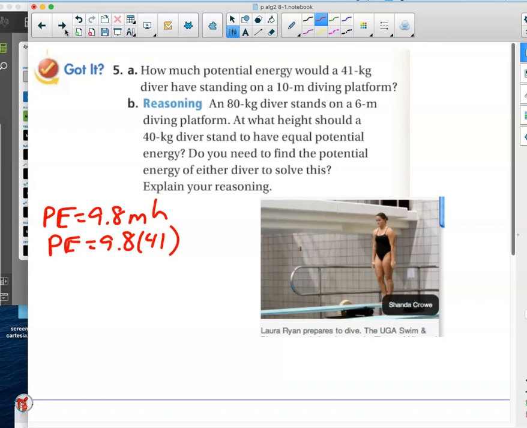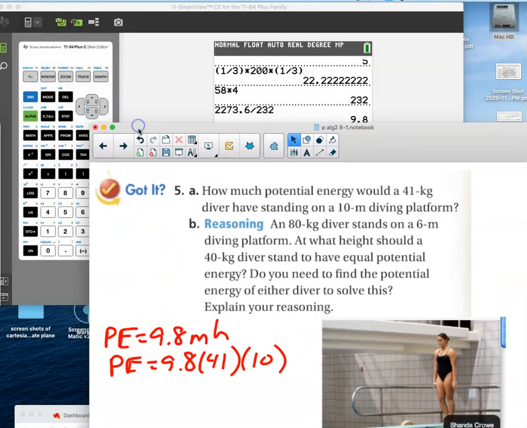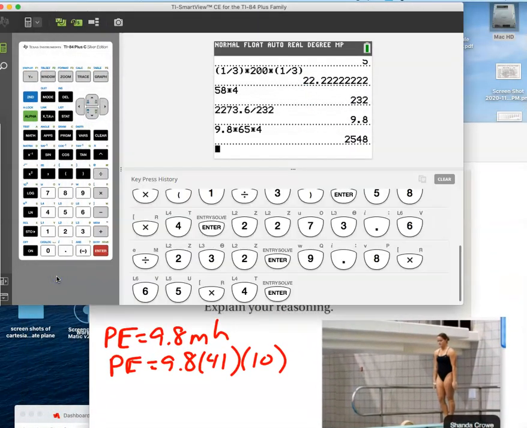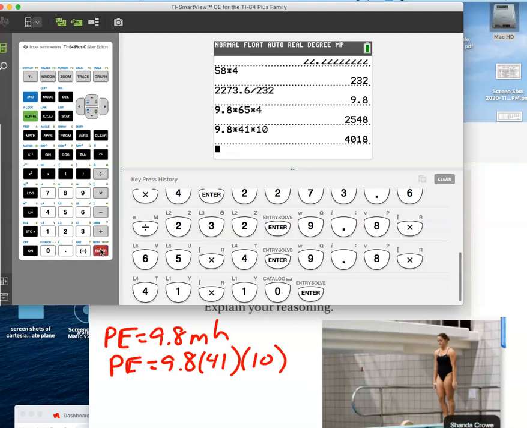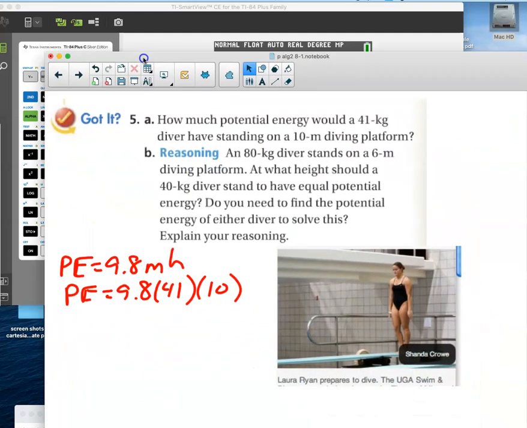Well, it's still just punching it in. If they're higher, they should create more energy. 9.8 times 41, but they're not quite as heavy as the other two divers. 4,018. So that height really does make a difference, going from 4 feet to 10 feet.